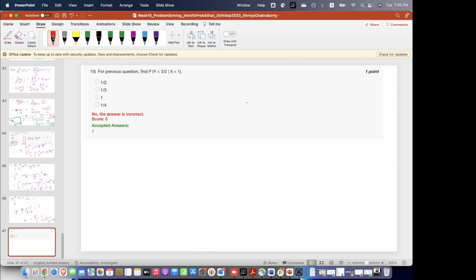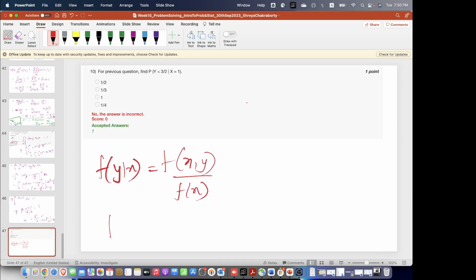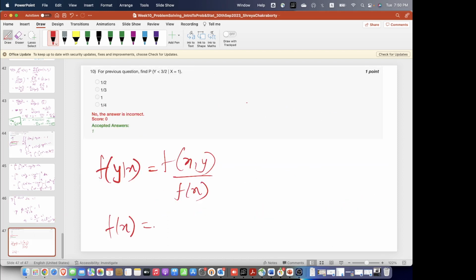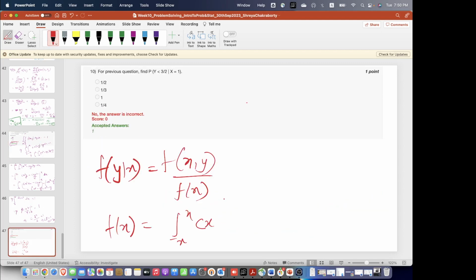Let us find out f of y given x. This is f of xy by fx. So fx is how much? Fx will be the integral from minus x to x of cx into x minus y dy.